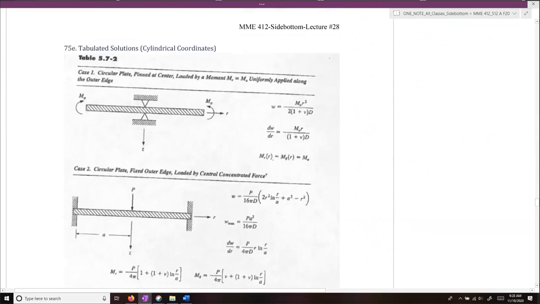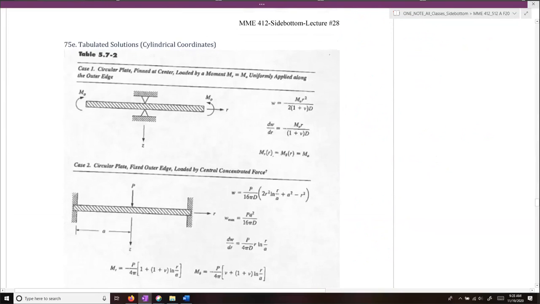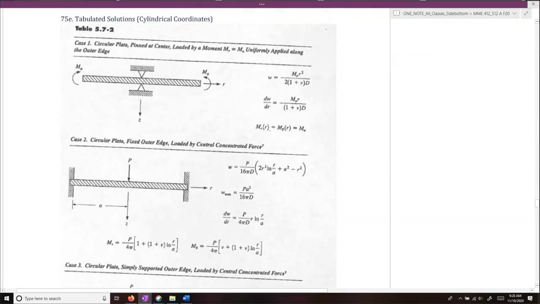Depending on how the plate is supported and the loads being applied to it, within each of the cases described it'll give you w, which is the displacement, the slope as a function of the radius, and the moment in the radial and the theta direction.